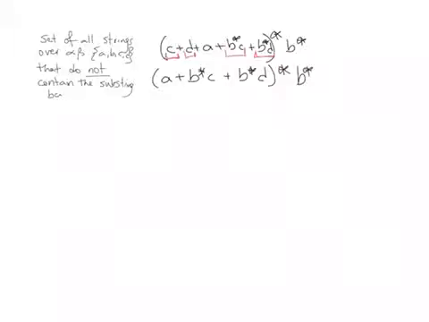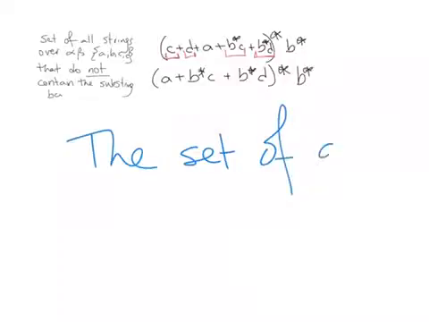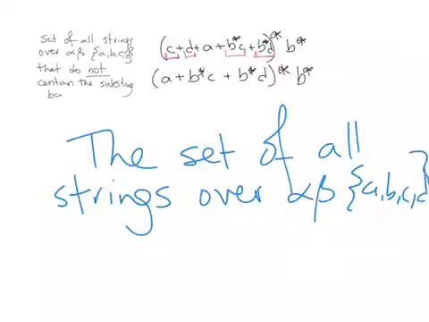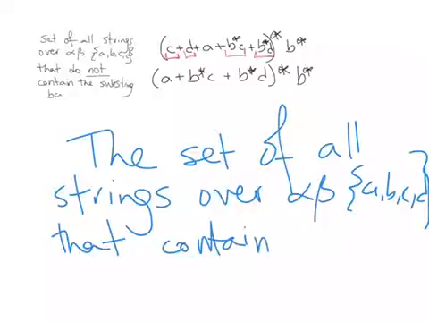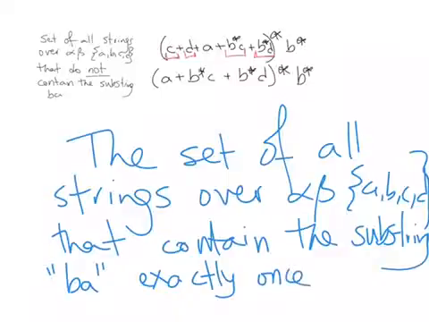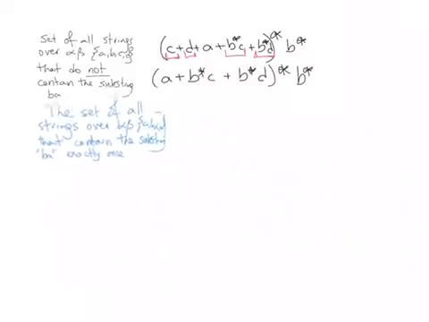Now what I want to do is the set of all strings over the same alphabet, A, B, C, D, that contain the substring BA exactly once. Okay? So that's what I'm working on now.